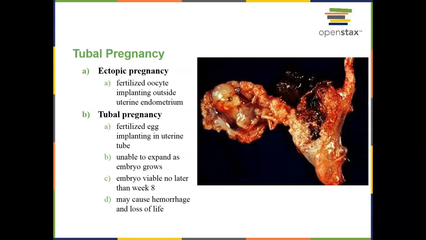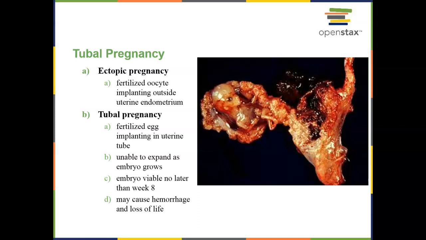Because the embryo cannot expand, the embryo will die, typically by week 8. When the embryo dies, this can lead to hemorrhage from mom, and it could lead to mom's death as well. So ectopic pregnancies are very dangerous.